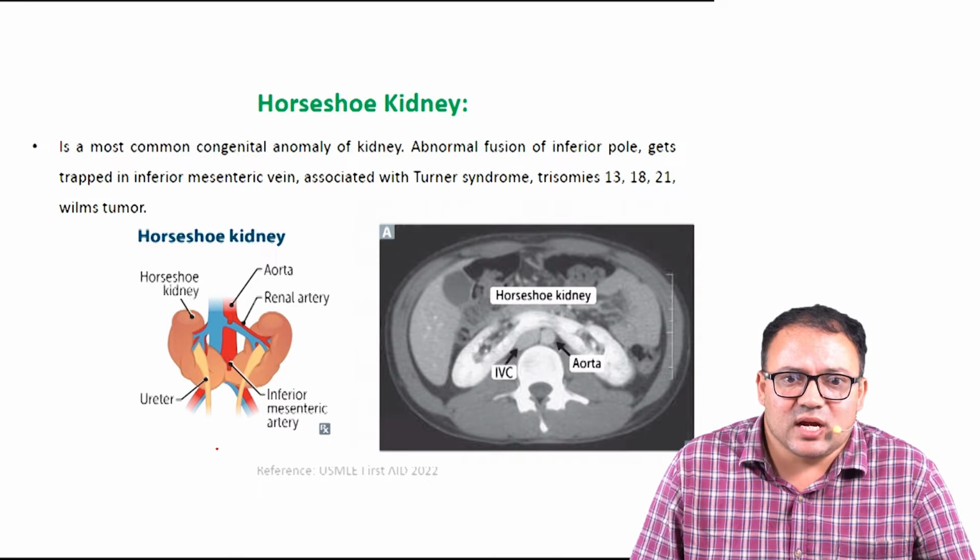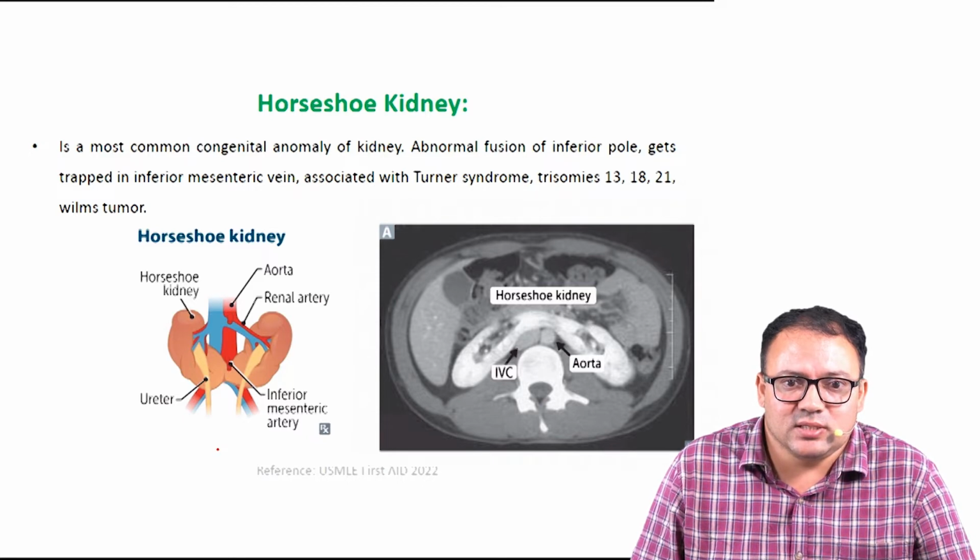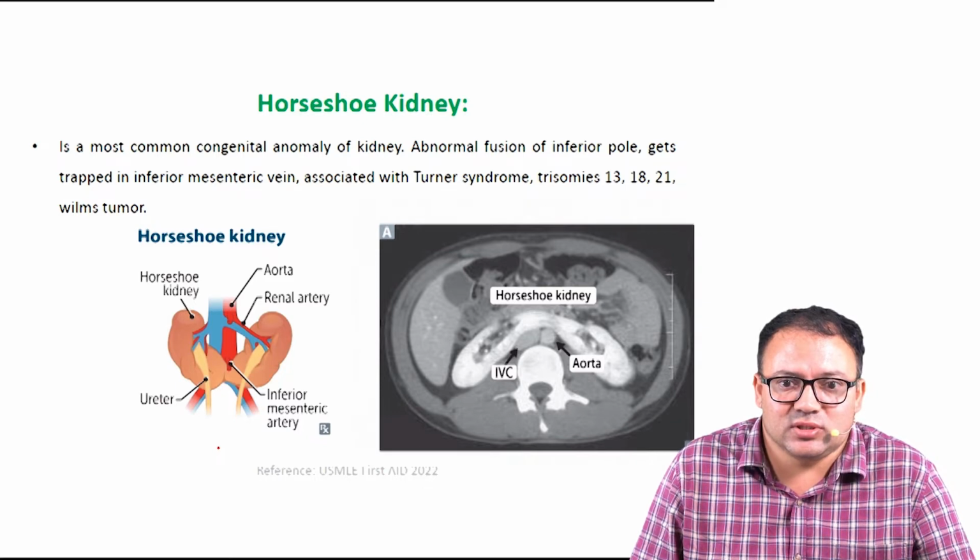Now let's talk about the congenital conditions that we face many times in our medical practice. It is horseshoe kidney. It is the most common congenital anomaly of the kidney. Abnormal fusion of the inferior pole occurs, and it gets trapped under the inferior mesenteric artery. It is associated with Turner syndrome, trisomy 13, 18, 21 and also Wilms tumor.